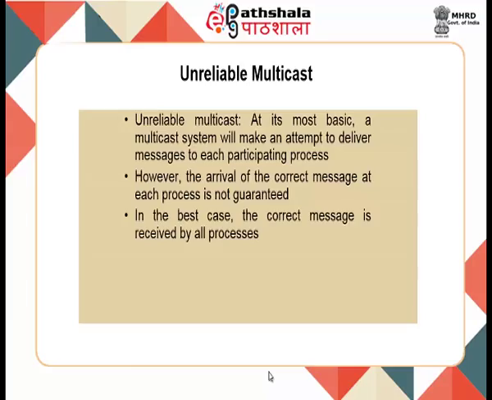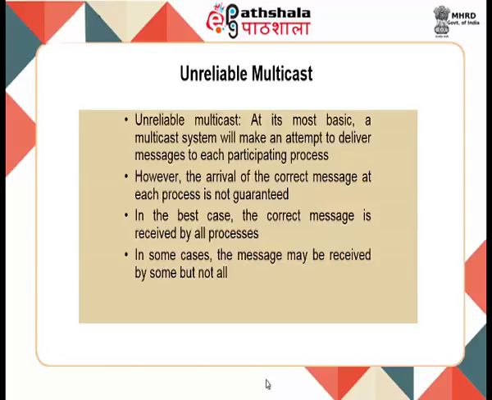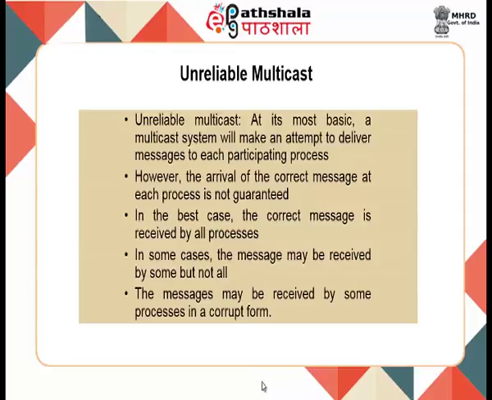Does it mean that it will never be correctly delivered? Not necessarily. If the best case comes, then the correct message will be delivered by all processes, but the messages may be received by some processes, but not all the processes, and the message may be in a corrupt form. The unreliable multicast does not make a guarantee.